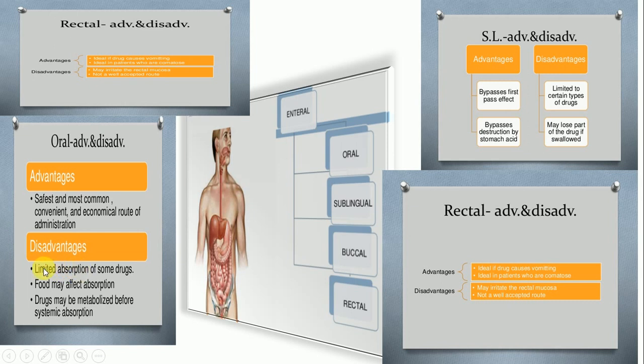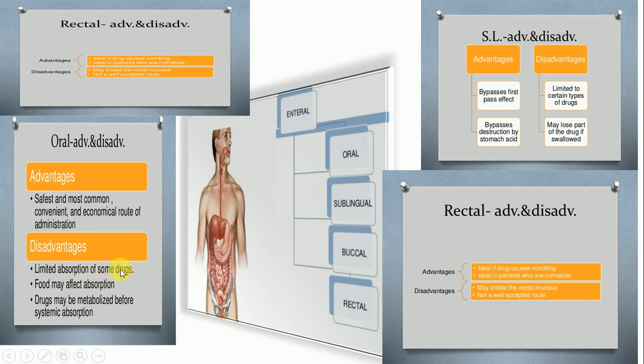While traveling through that GIT system, it will be absorbed in different parts, but different parts of the gastrointestinal tract differ in terms of pH. So the pH will limit the absorption of some drugs.